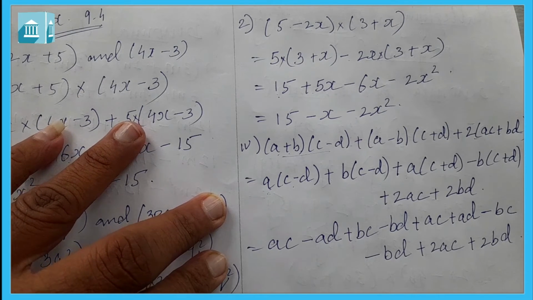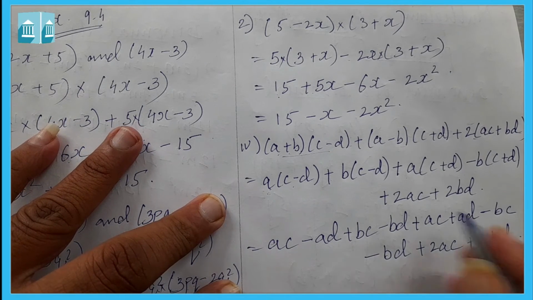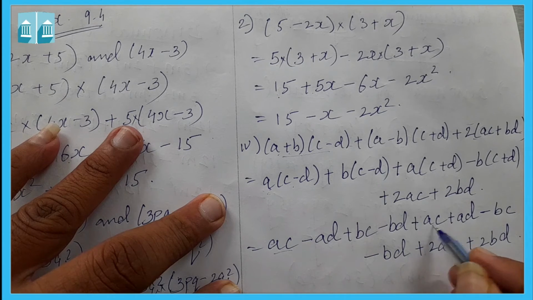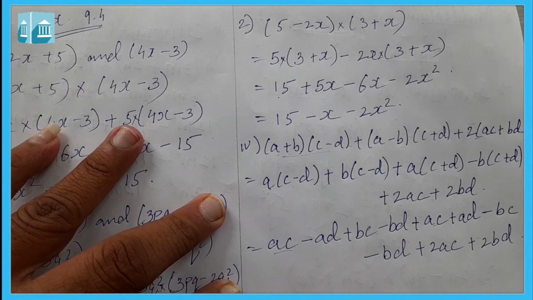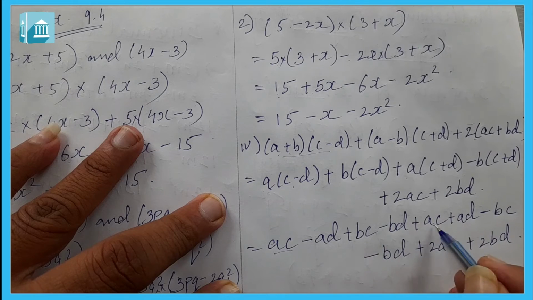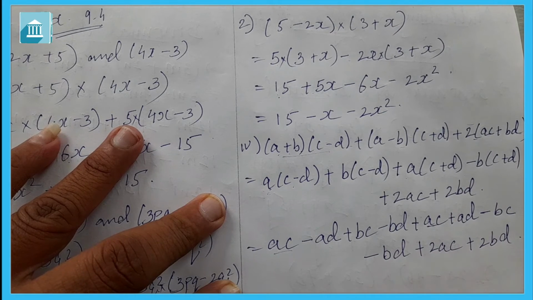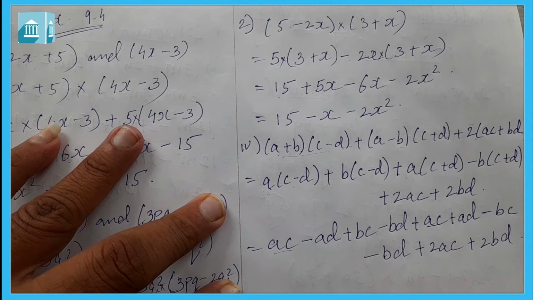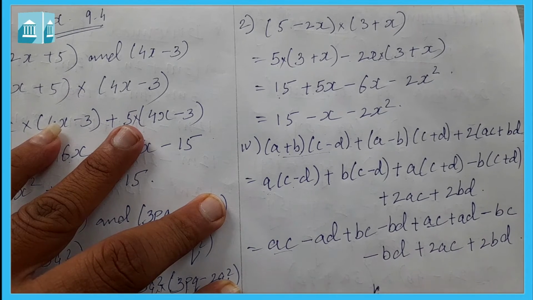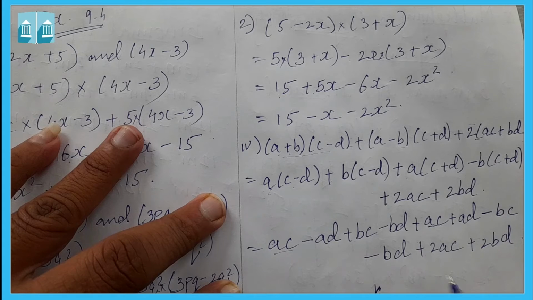Now we have to put the like terms together. So ac is here, so ac plus ac, then plus 2ac.